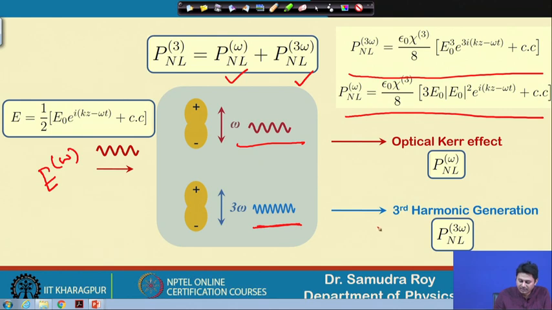So, this is third harmonic generation, which is responsible for this nonlinear polarization, and this is called the optical Kerr effect, which is responsible for the polarization which is vibrating at the fundamental frequency omega.